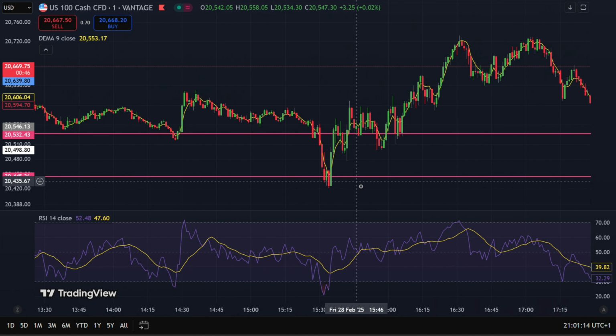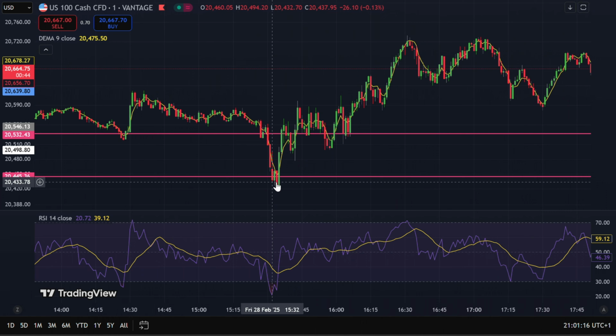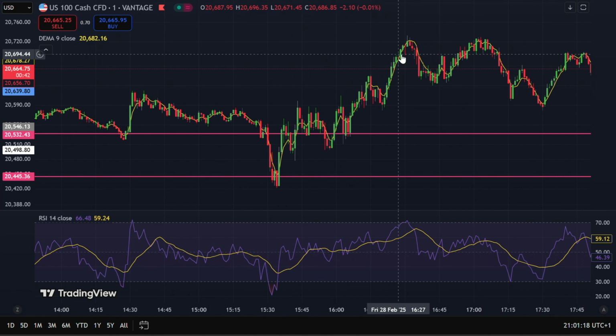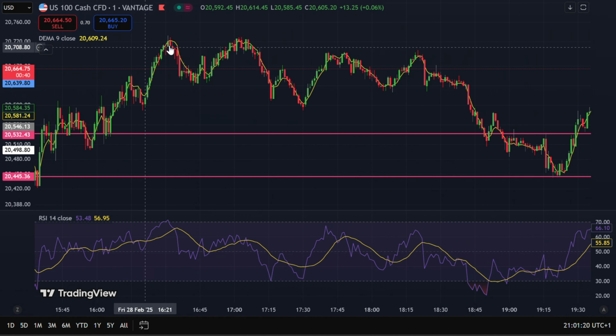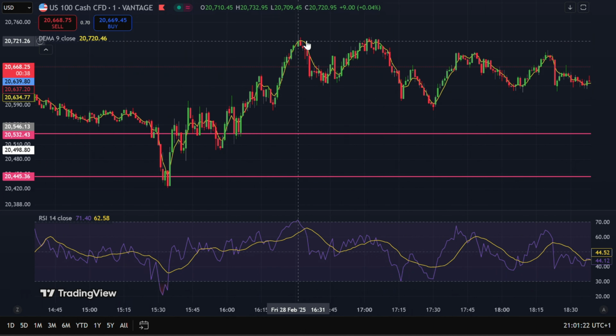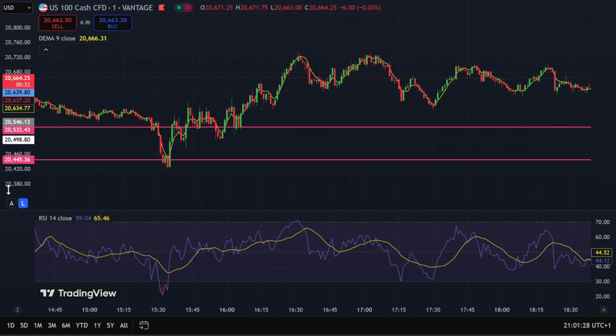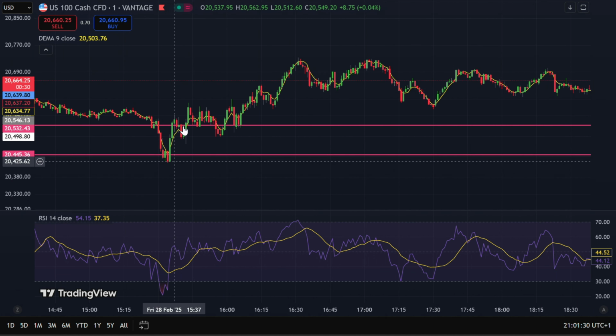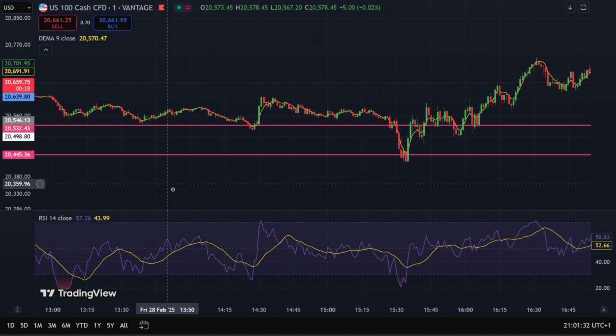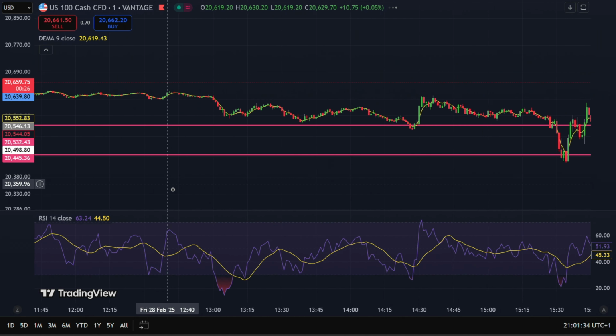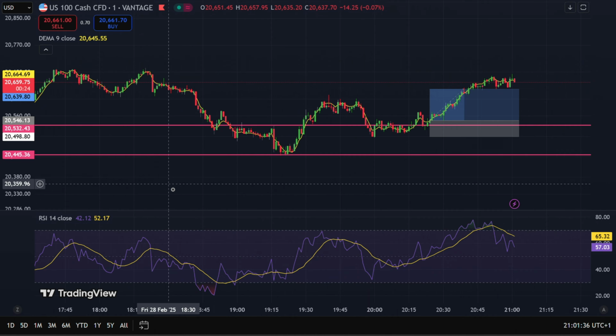And right over here, as we can see, this showed us that it was oversold, and since it's oversold, you usually buy. Oversold equals buying, and if you would have bought right here, you would have made a lot of profit, because it did end up going up the way we expected.